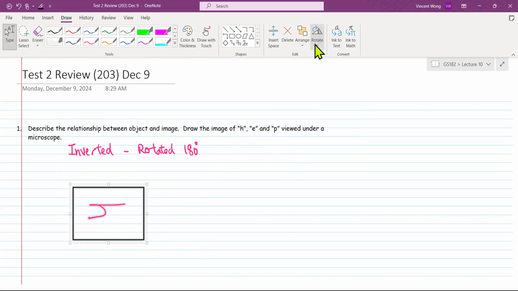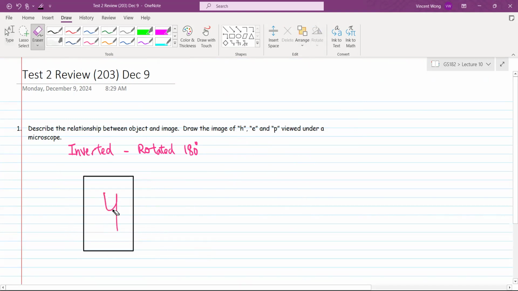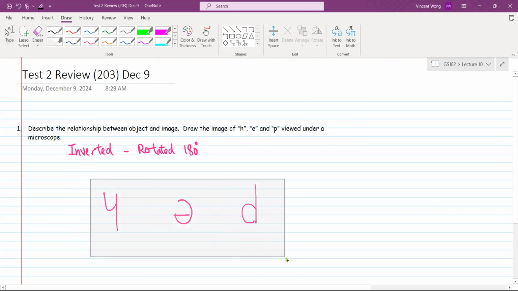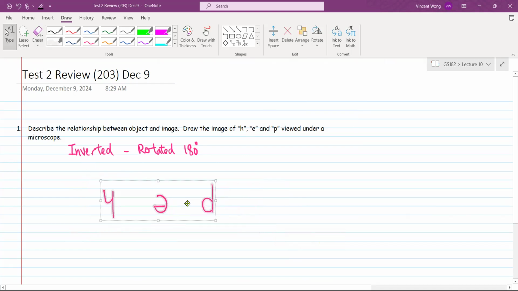So you rotate your paper and then you rotate your paper again, and then that's what it's going to look like. All right. So similarly, for the E, it would be like this. And for the P, it would be like that. Okay. So those are the images that you will get when you rotate H, E, and P.